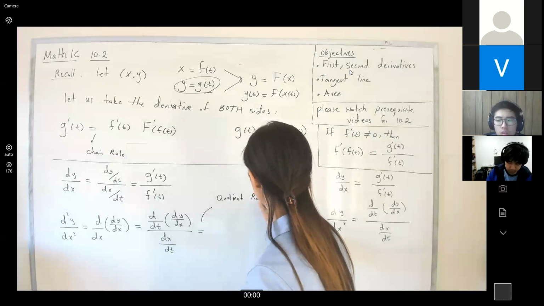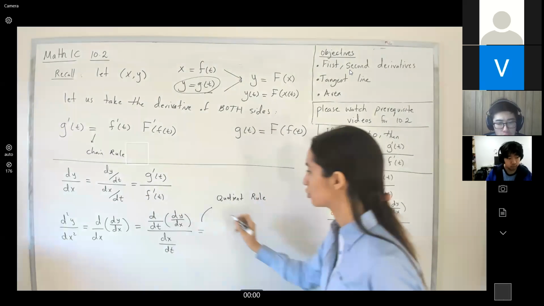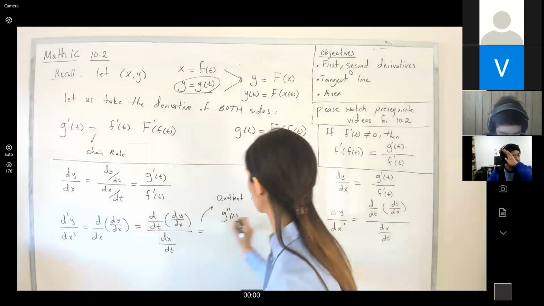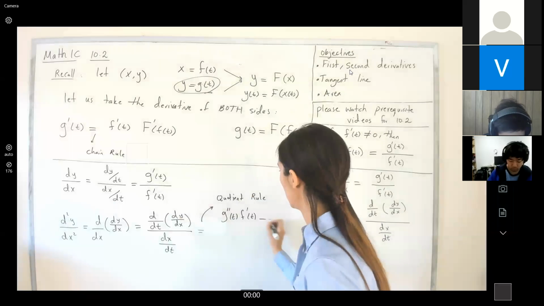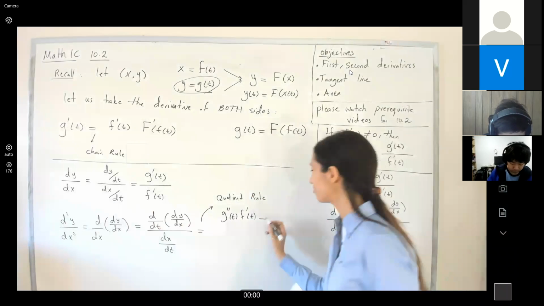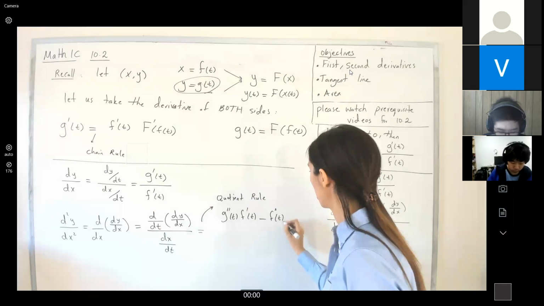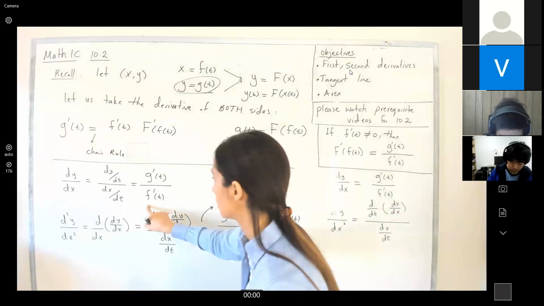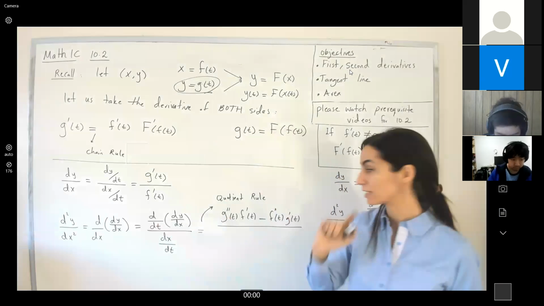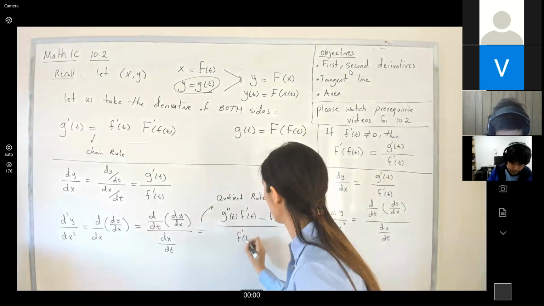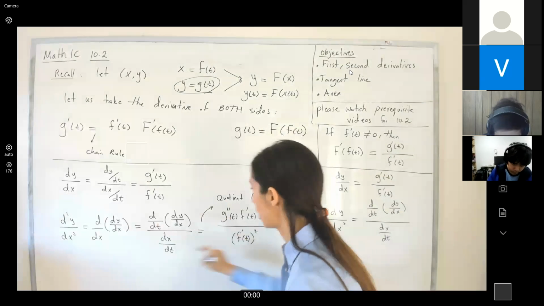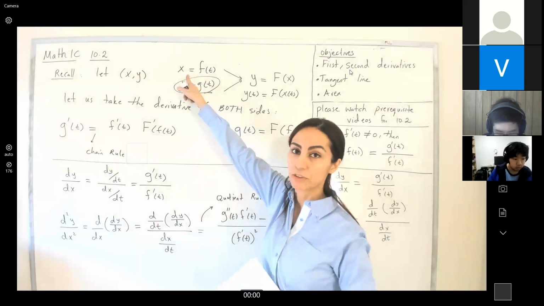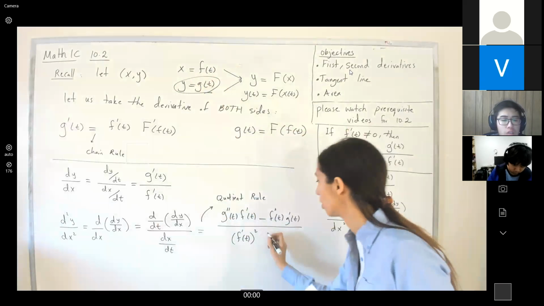So the derivative of g prime is the second derivative of g times f prime, minus the second derivative of f times g prime, divided by the derivative of f raised to the second power, f prime of t squared. And dx over dt, the derivative of x with respect to t, is f prime of t.